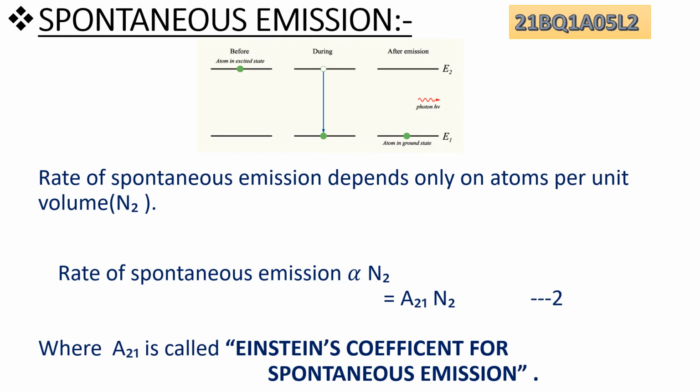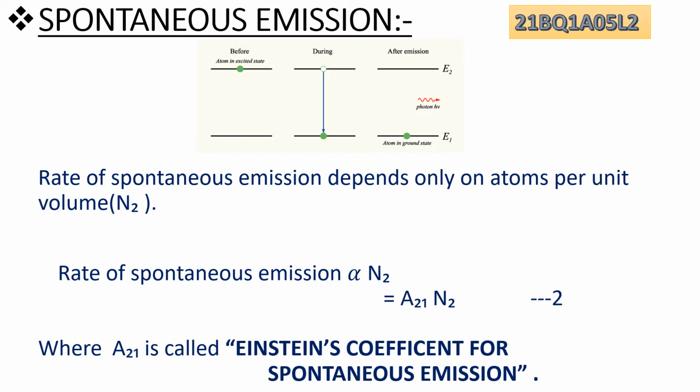Spontaneous emission. Let us consider two energy levels with energies E1 and E2, where E1 is ground state and E2 is excited state. Usually atoms are present in ground state E1. Let us assume that the atom is in the excited state E2.